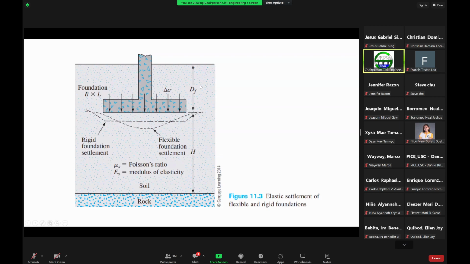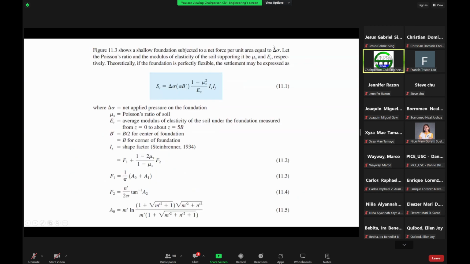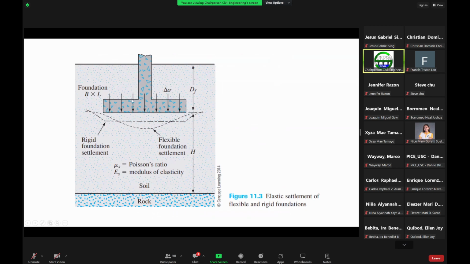Then you will be calculating a load, so this one here. You will be calculating a net force due to the foundation, so you have here a net pressure, or a bearing pressure, imposed by the shallow foundation.